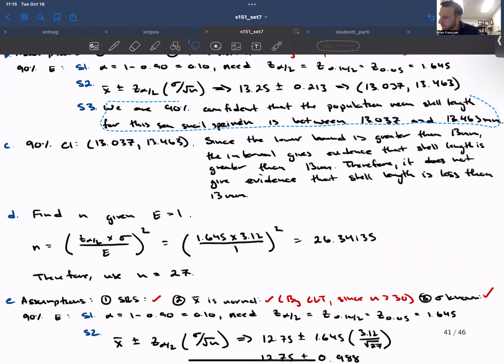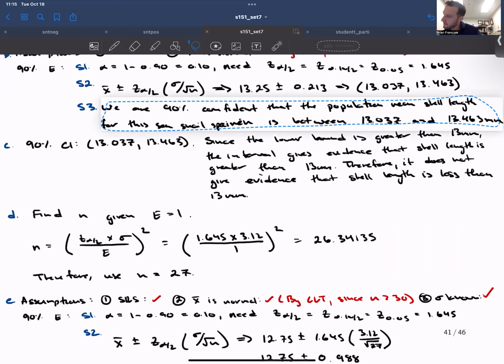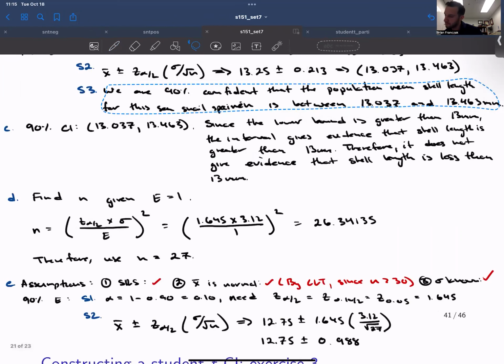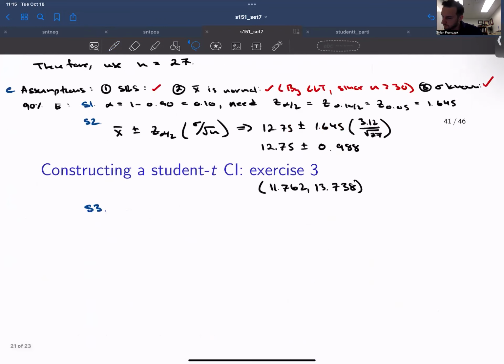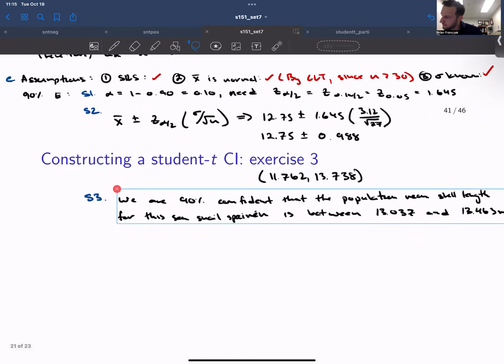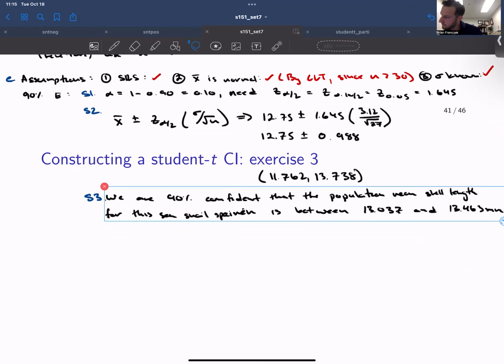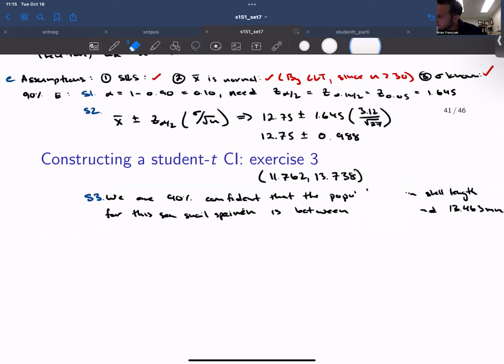So we would just have this portion here. So this is going to be 11.762 and 13.738.